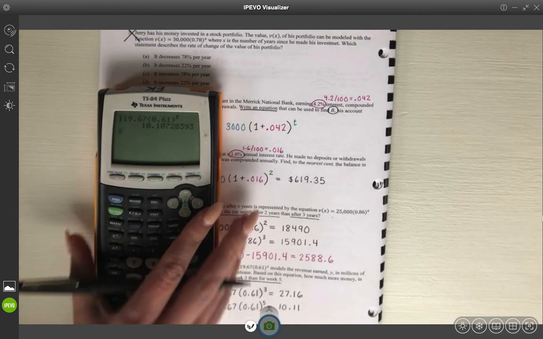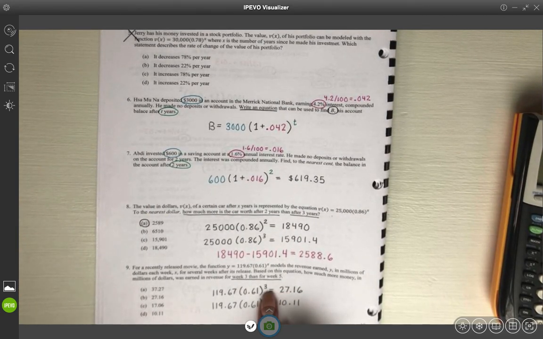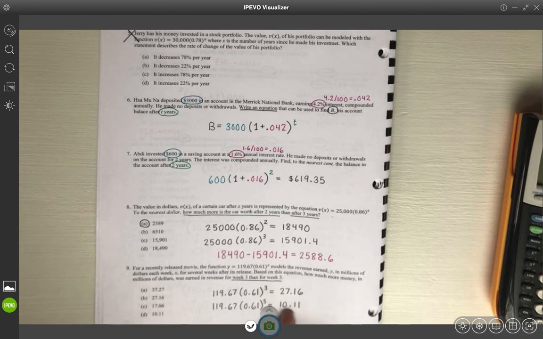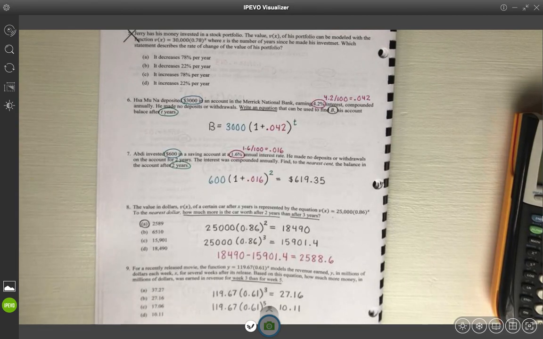So what we need to do is take those two numbers, the amount of revenue it earned after 3 weeks, and subtract the amount of revenue it earned after 5 weeks to find the difference.